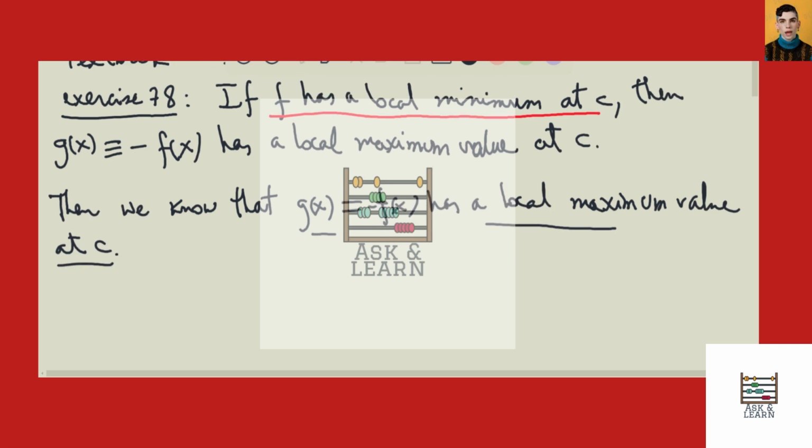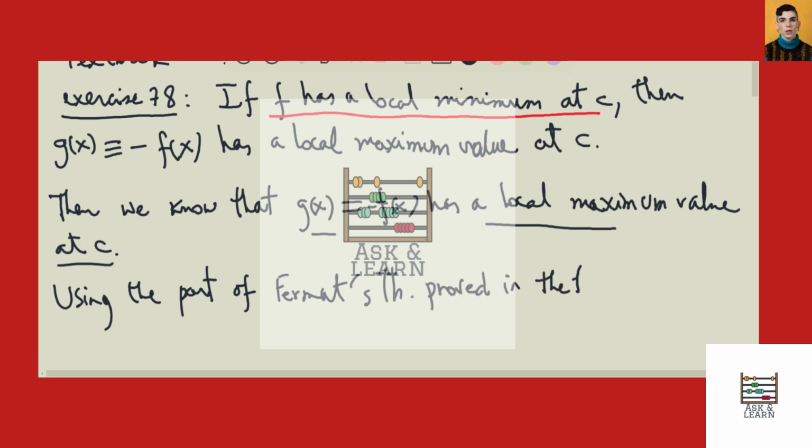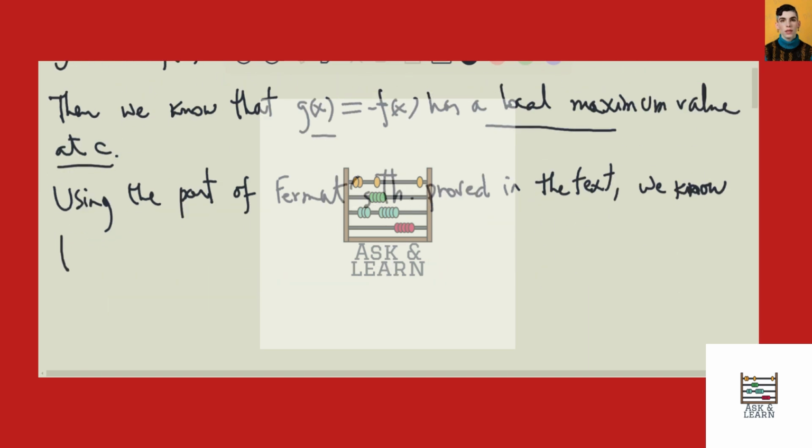So, using the part of the theorem proved in the text, we know that g derivative at c is zero if it exists.